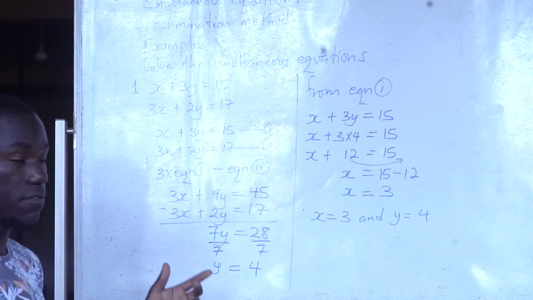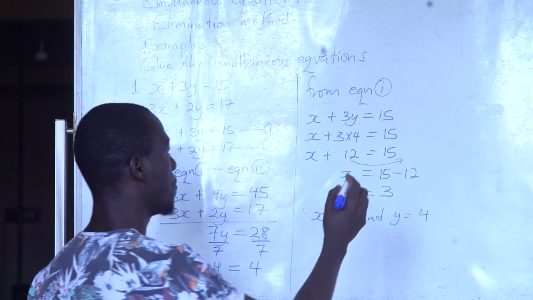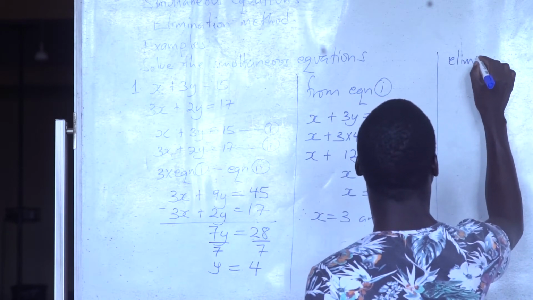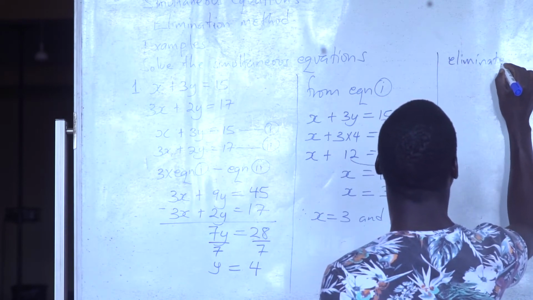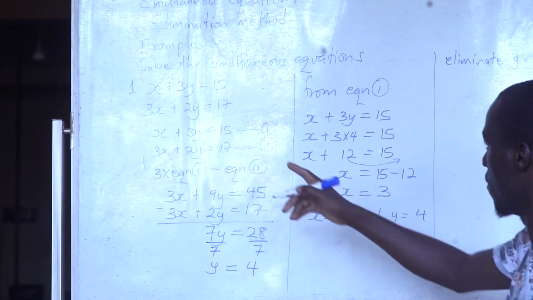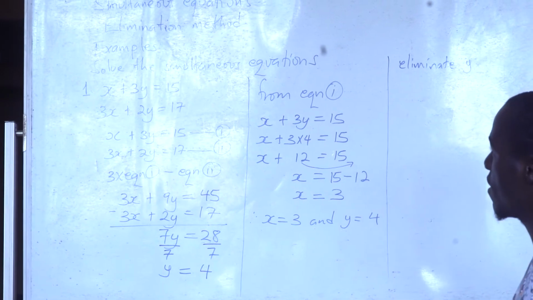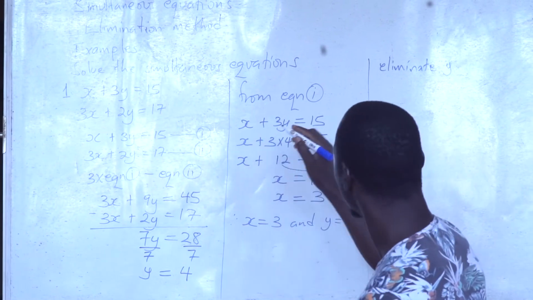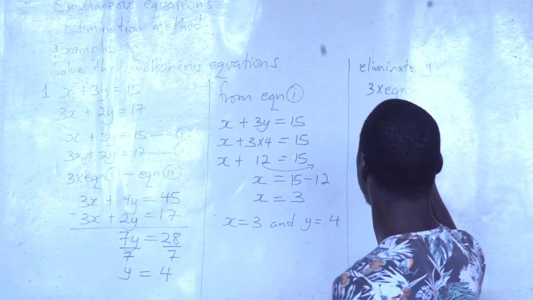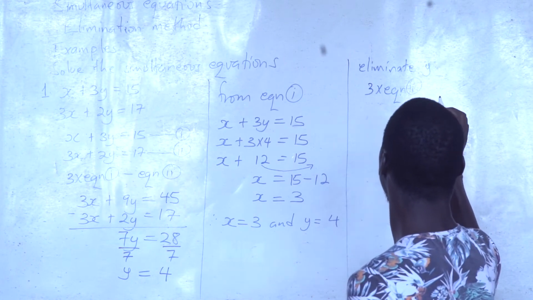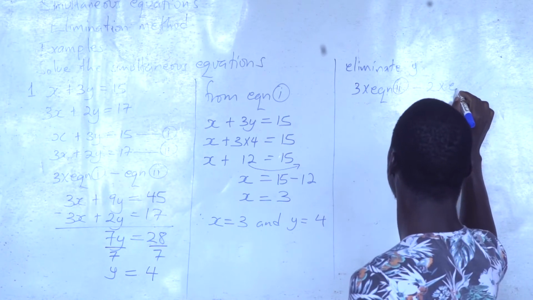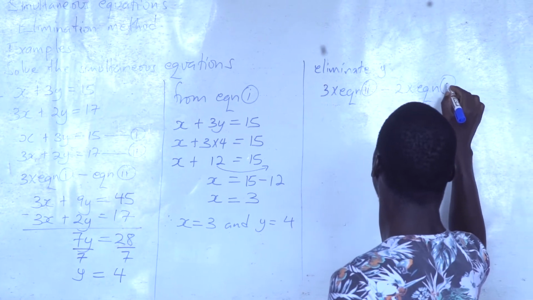Now, someone would have eliminated y. Suppose someone wishes to eliminate y from our example, still example 1. You would get the 3 and multiply it with equation 2, then minus the 2 times equation 1.